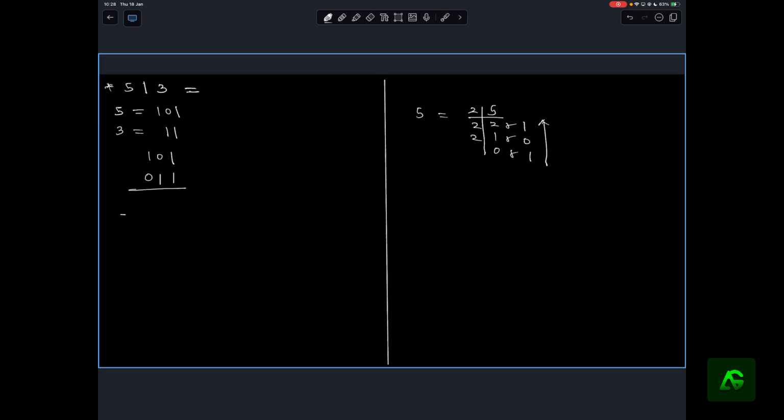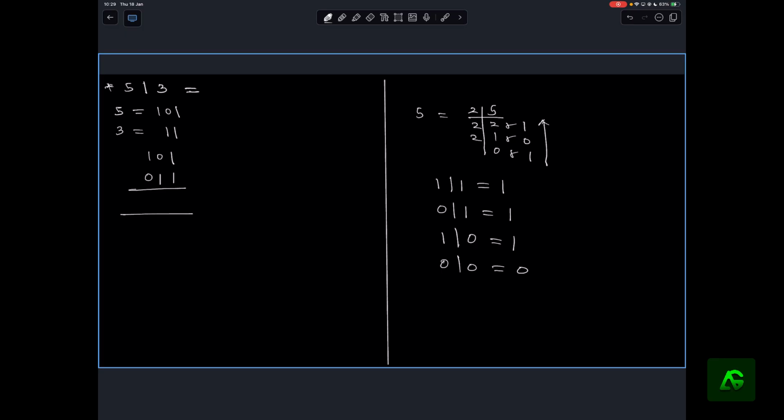So now you remember what we have in the previous page that says 1 or 1 is 1. 0 or 1 is 1. We have 1 or 0 is 1. And 0 or 0 is 0. Right?